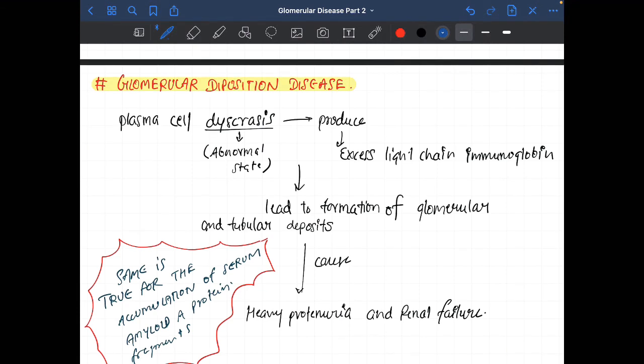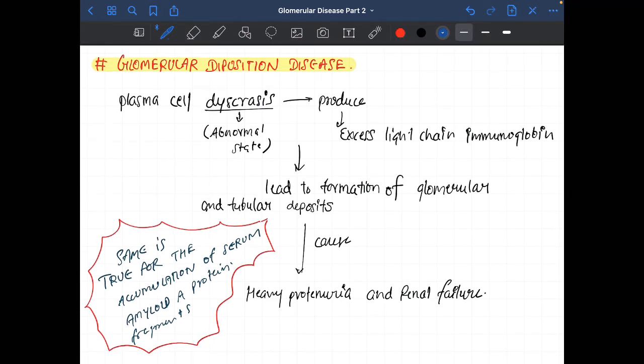Alright. Next we will talk about glomerular deposition disease. As the name suggests, it is deposition in the glomerulus. A concept: plasma cell dyscrasia means an abnormal state of plasma cells.